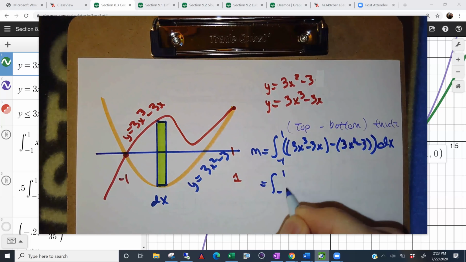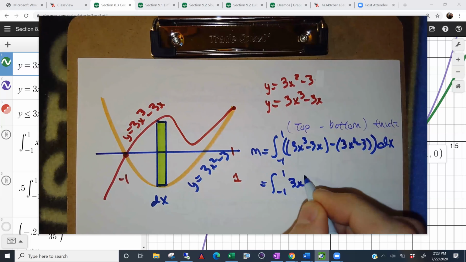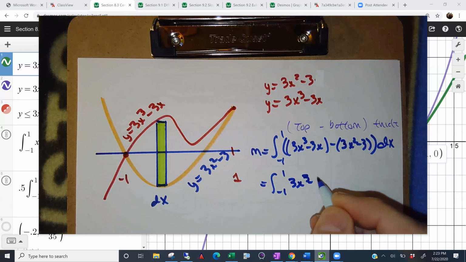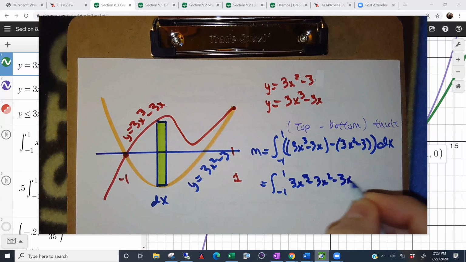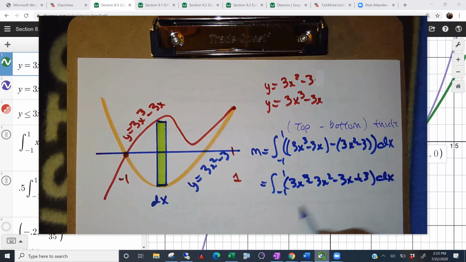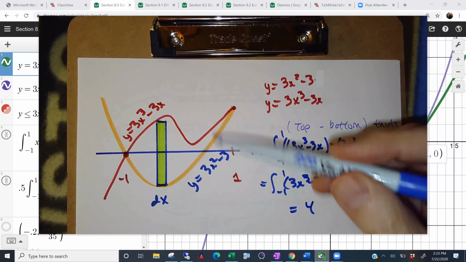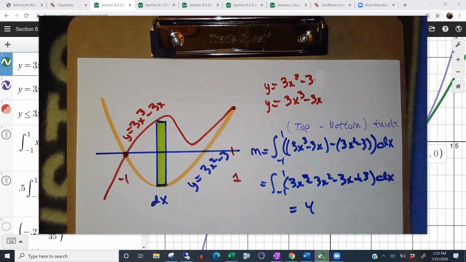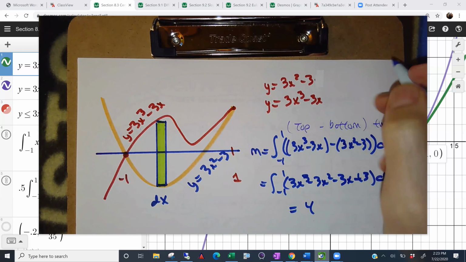It's the integral from -1 to 1 of 3x cubed minus 3x squared minus 3x plus 3, if you write things in descending order. And per usual, jump to the happy ending. Interestingly enough, this crazy little figure has an area which is an integer, exactly 4. So, all right, that's the easy part, I hope, finding the area.